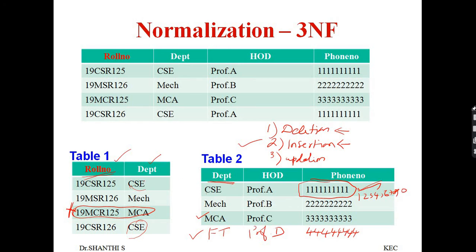Whenever student 19 CSR 125 tries to access this record, he will get the updated phone number. Suppose 19 CSR 126 tries to access this record, he also gets the updated phone number. So here all the 3 anomalies are removed by using up to third normal form. This is the benefit of using normalization.